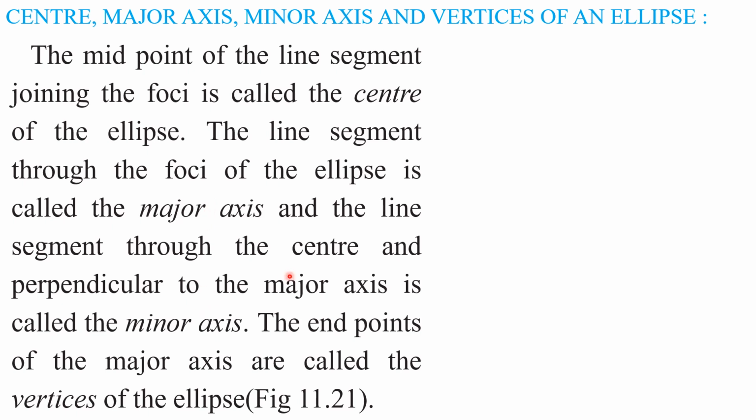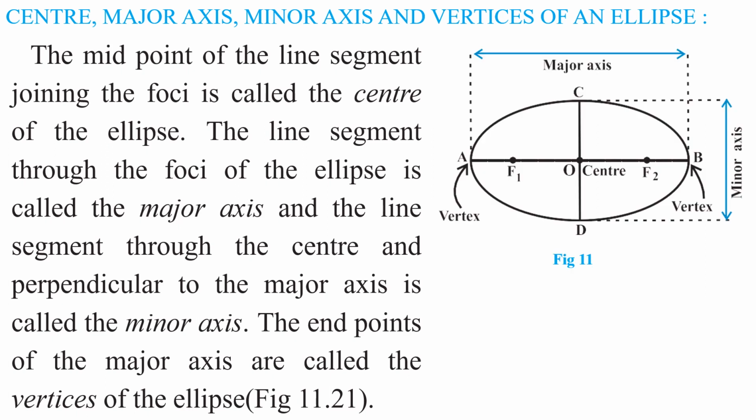The line segment through the center and perpendicular to the major axis is called the minor axis, and the endpoints of the major axis are called vertices of an ellipse. To understand these concepts, let us take a pictorial representation of an ellipse.